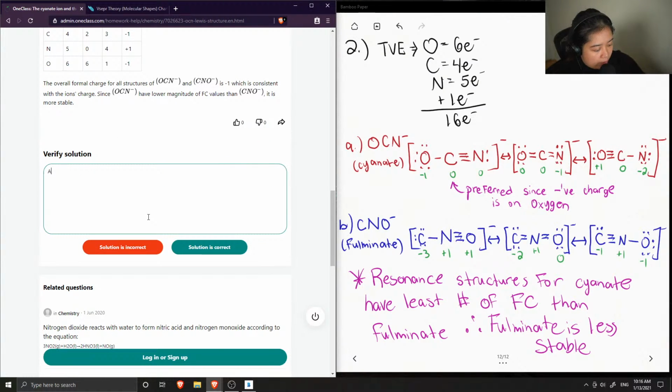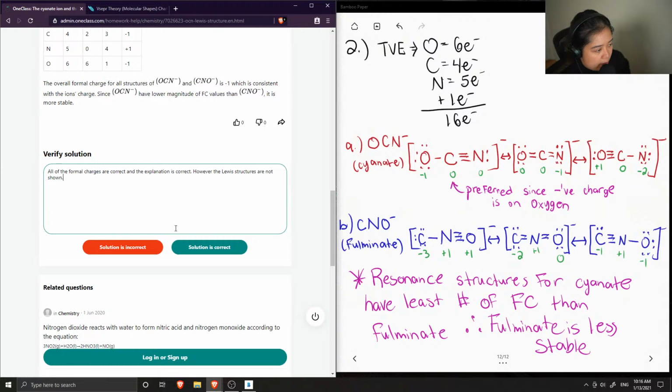So all of the formal charges are correct. And the explanation is correct as well. However, the Lewis structures are not shown.